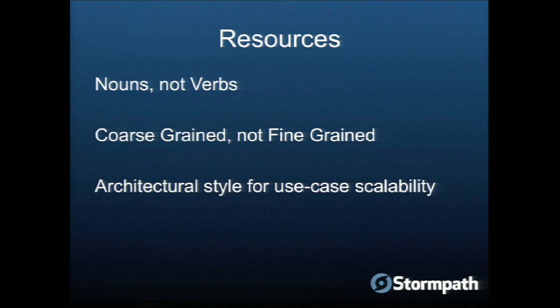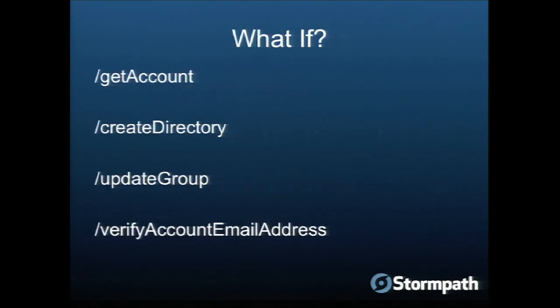Changes that happen in the future that you can't foresee today are more easily handled if your data is coarse-grained. And this is a good architectural style for use case scalability. So if I want to create a user or delete an application, these are CRUD kinds of behaviors that are fairly easily mapped to REST, and it's a good basis for that kind of architectural style. We'll also talk about how you can do behaviors too.